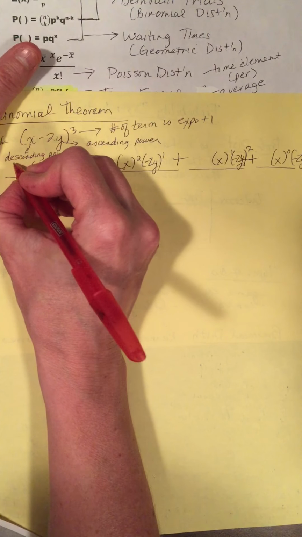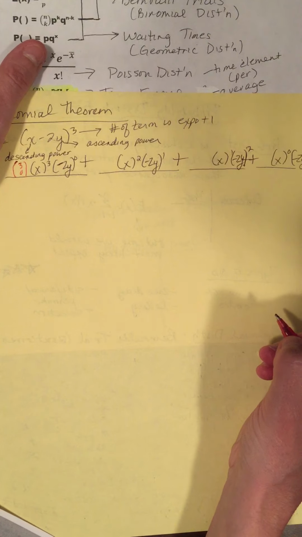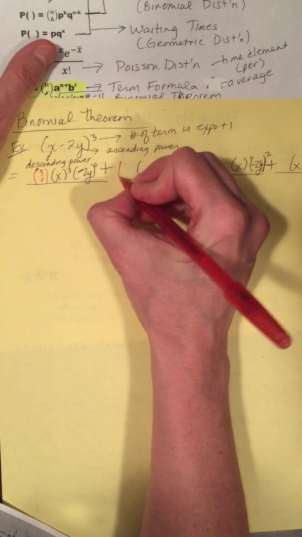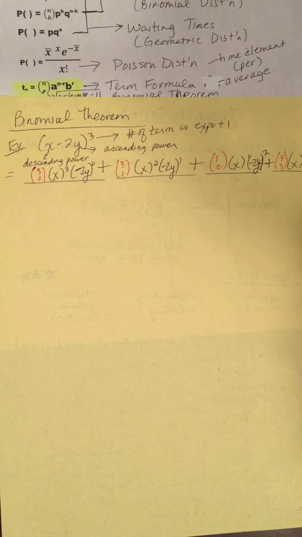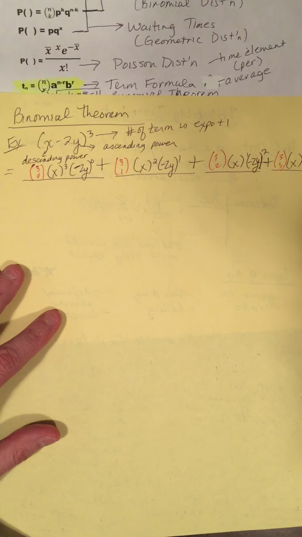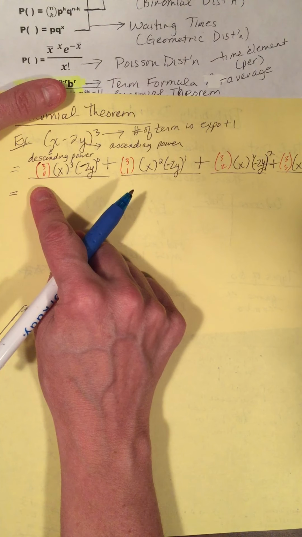And then remember, we spent some time learning that that coefficient is really like a combination. 3 choose 0, 3 choose 1, 3 choose 2, and 3 choose 3. And we figured out that at first we could use Pascal's, but we didn't need Pascal's, we could just use the combination.